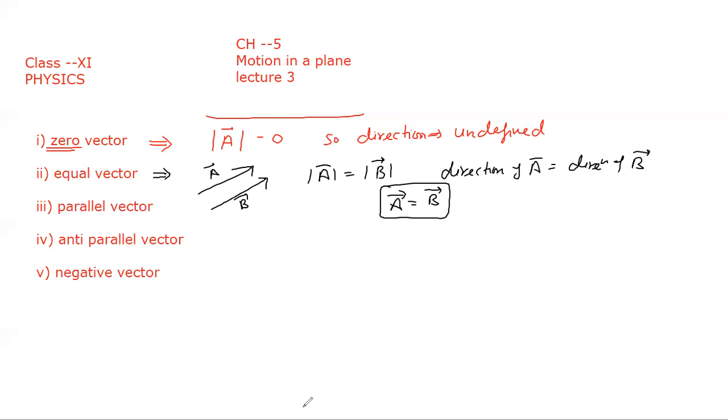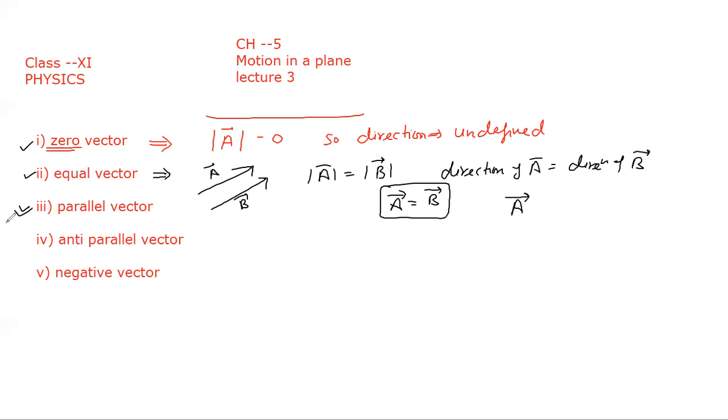For representation of any physical vector quantity, we have to draw an arrow in this way, vector A. So the zero vector is clear, and the equal vector is also clear. Now, parallel vector. What is the meaning of parallel vector? If we define parallel vectors, we have to ask whether vector A's magnitude is equal to vector B's magnitude or not.